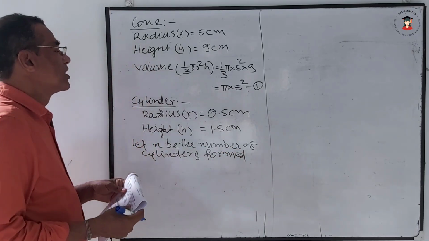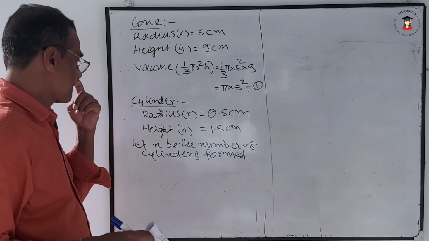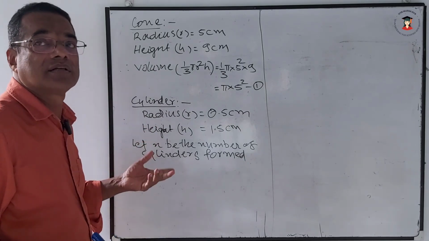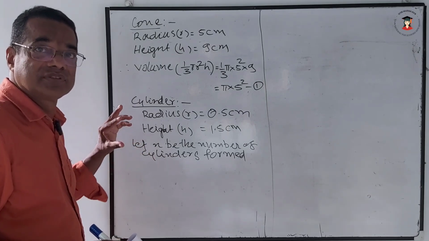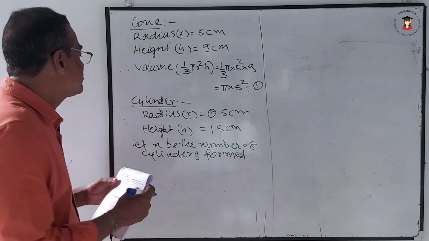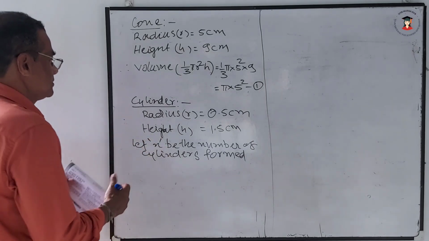So we know volume of a cylinder is pi r square h. Then what will be volume of 2 cylinders? 2 pi r square h. Volume of 3 cylinders will be 3 pi r square h. Like that, volume of n cylinders will be n into pi r square h.